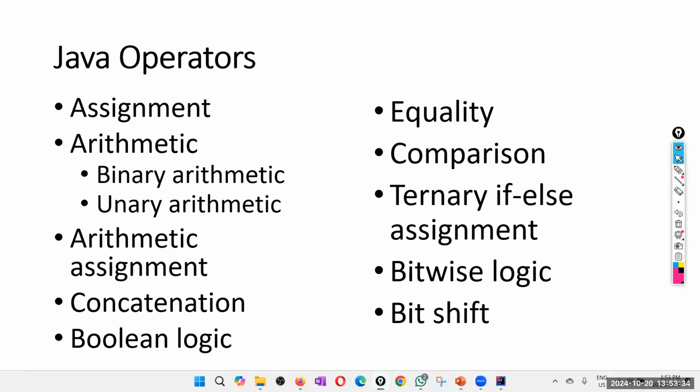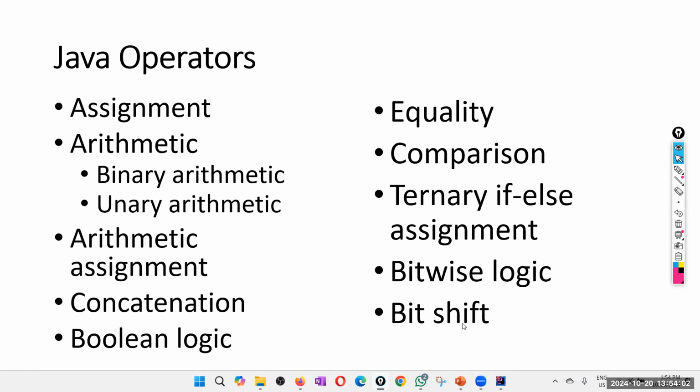Arithmetic assignment operators are there, a concatenation operator for strings, logic operators like and, or, not, and so on. Equality operators for is equal, is not equal. Comparison operators like is greater than, is less than. The ternary if else operator is there. Bitwise logic operators and bit shift operators are there.